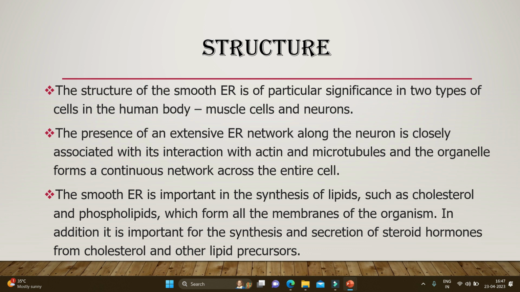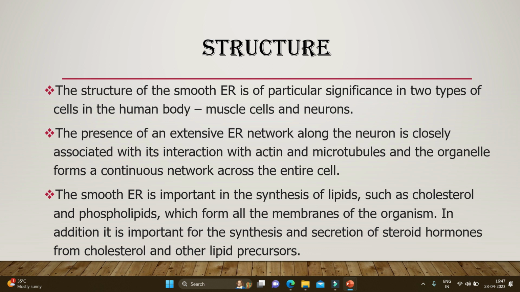The presence of an extensive endoplasmic reticulum network along the neuron is closely associated with interaction with the actin and microtubules, and the organelle forms a continuous network across the entire cell.